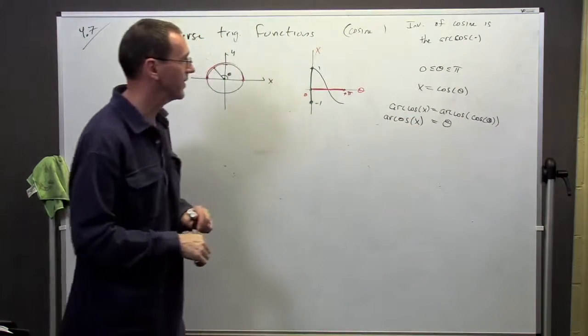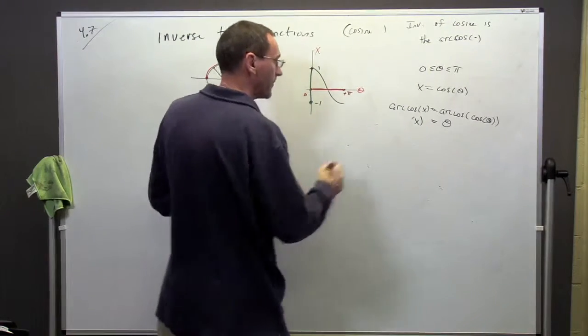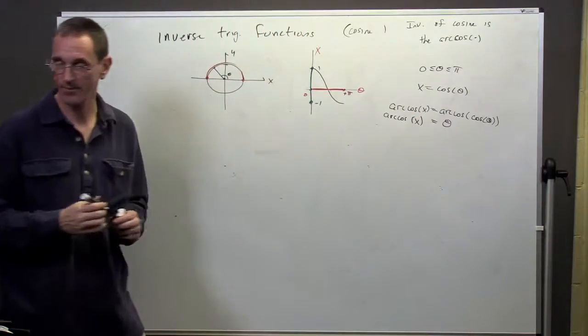So the arc cosine of x is going to give me theta.